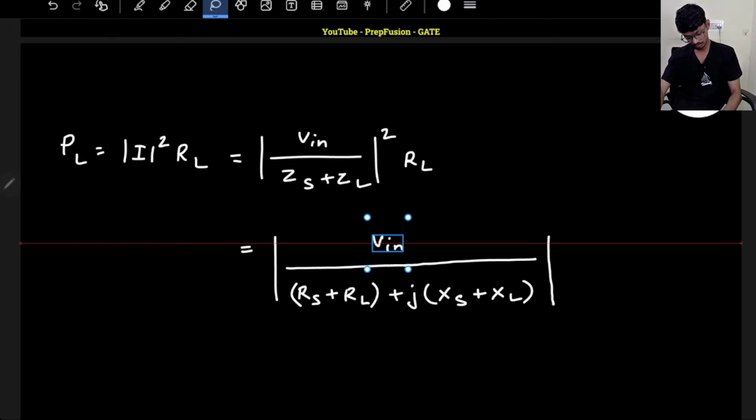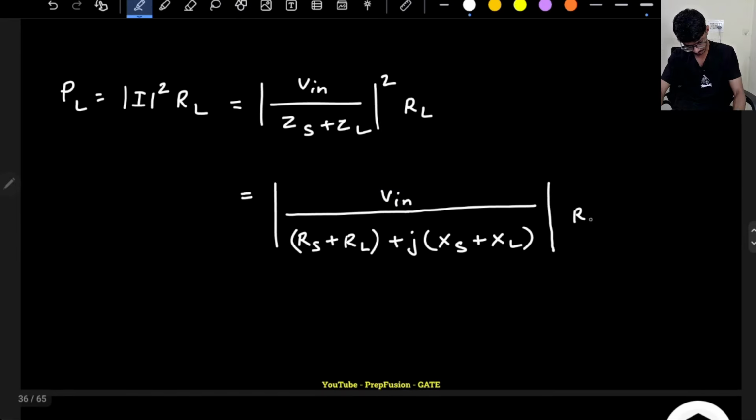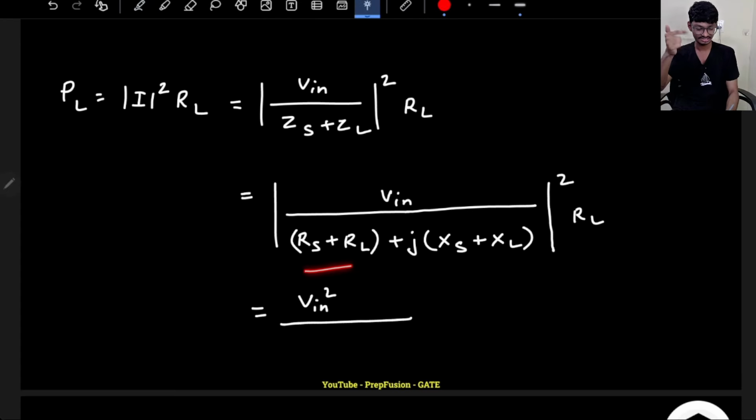Okay, so yeah, that's it basically. Into RL is of course there, right? This magnitude of V in is just V in, correct? It will not change. This whole square is there, so this will be V in squared, and this magnitude will be under root Rs plus RL whole square plus Xs plus Xl whole square, correct?